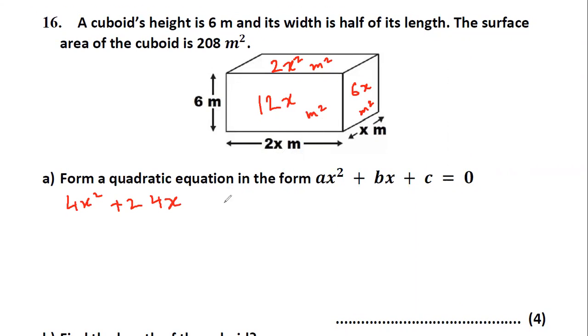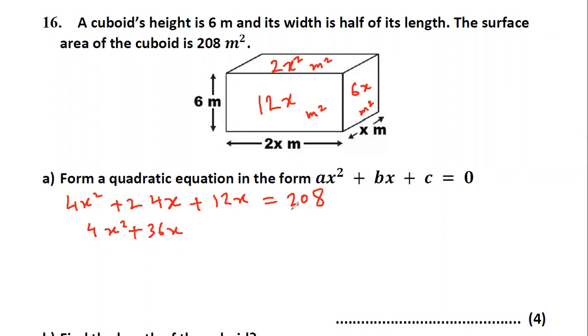So moving to the right and left faces, there are 6x each, so 6x add 6x would be 12x. And we know that all of this is equal to 208. There is no other x squared term, so 4x squared stays as it is, and 24x add 12x will become 36x.